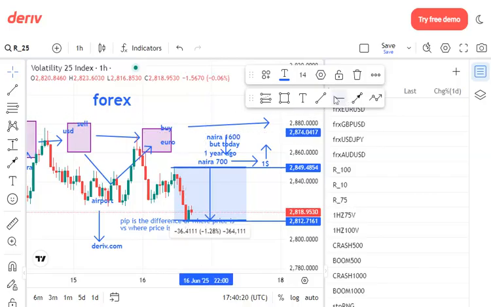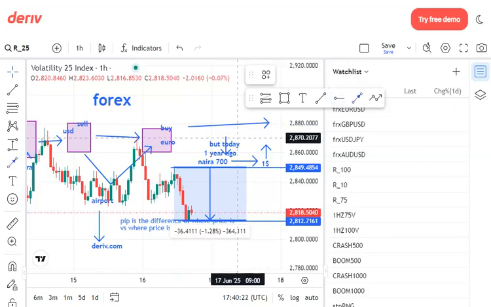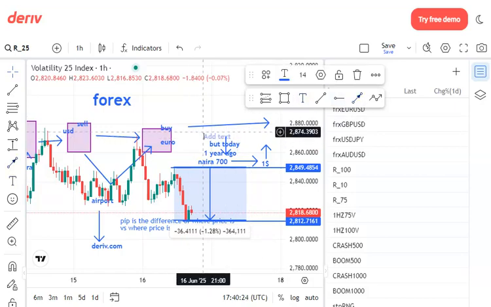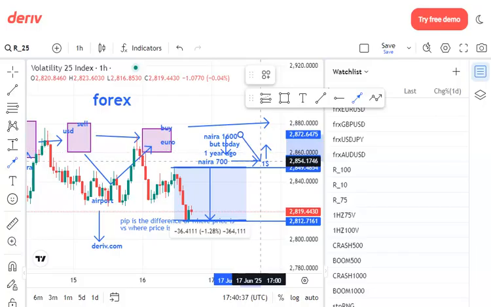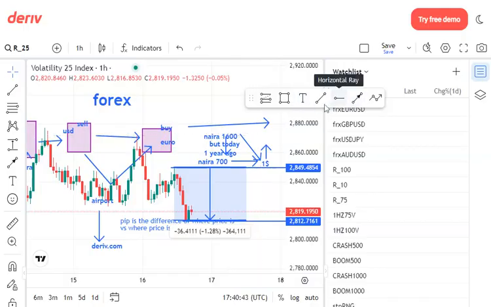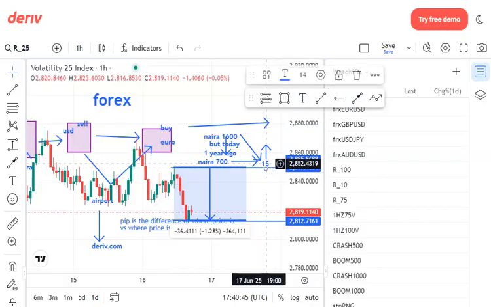How is this happening? Naira is now 1,600 to $1. So this is basically the change.